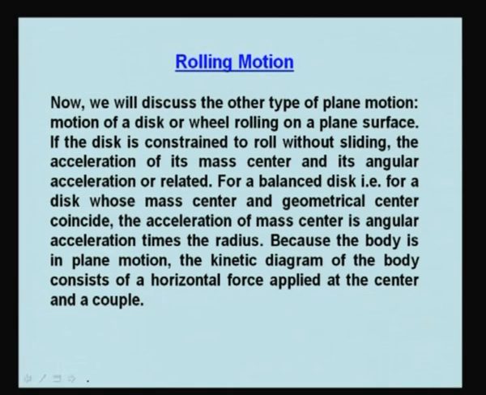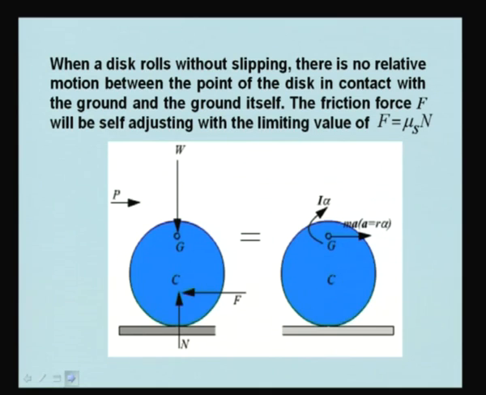So we can make the kinetic diagram because the body is in plane motion. Let us consider this case. Here this is the plane surface and the cylinder is rolling. This is the contact point C. Here you have a normal reaction N, and there is a weight W. This is G, the mass center.